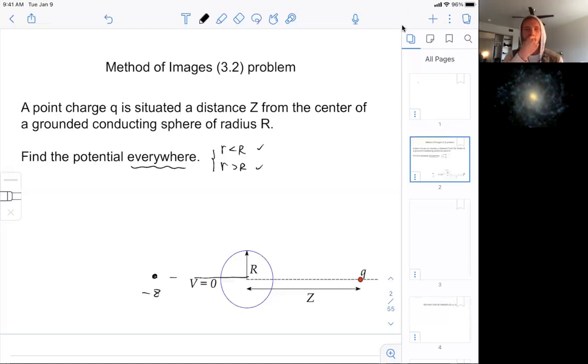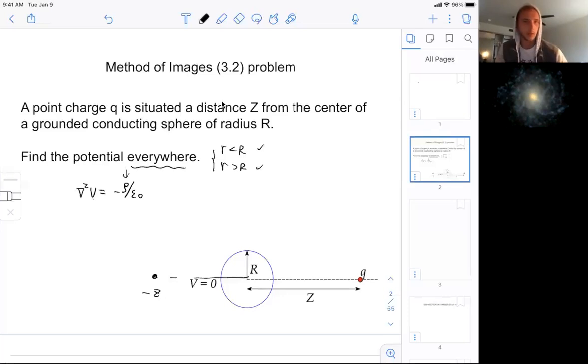So let's think about what happens if we put a charge outside, and what the condition is for the method of images to be useful. First of all, you cannot change whatever the Poisson equation is. The rho simply means that in the region you're interested in, you have some kind of charge density.